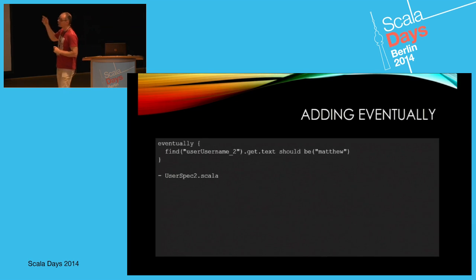Which means that, fantastically, all you have to do to fix a timing problem in your test, generally, is to put an eventually around it. And that's it.